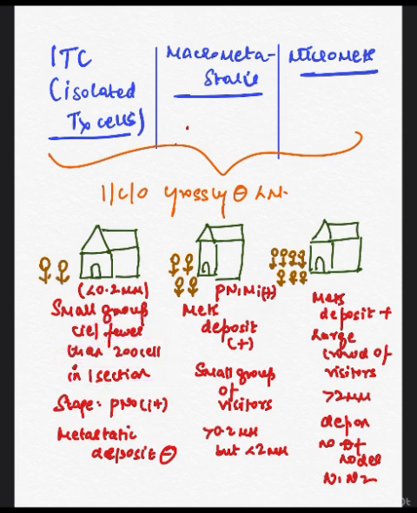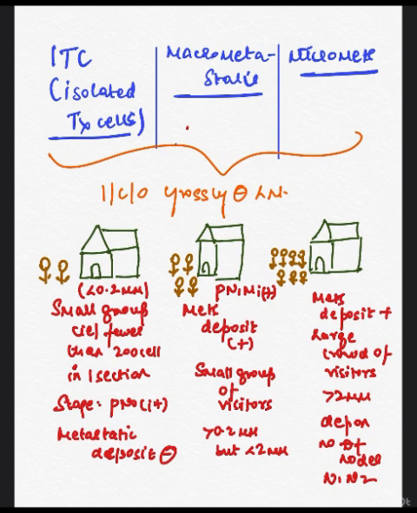Okay, so what do I mean by 200 cells? That means 200 cancer cells in one section. So in this case, we give the staging as pN0(i+). Okay, in this there will be no metastatic deposit.